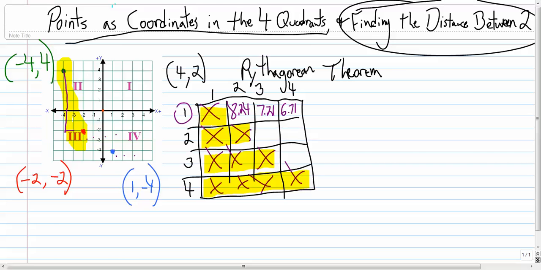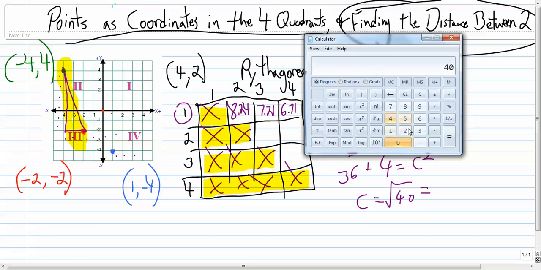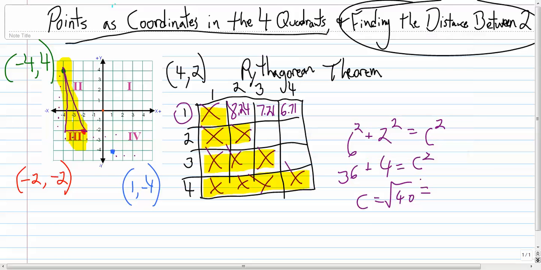It's going to be 1, 2, 3, 4, 5, 6, and 1, 2, just 1, 2? Only 2. Okay, so 6 squared plus 2 squared. So that's going to be 36 plus 4. And so that means c is going to equal the square root of 40, and the square root of 40 we get 6.32.